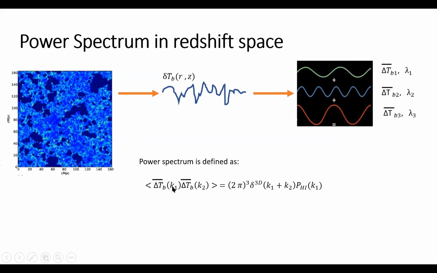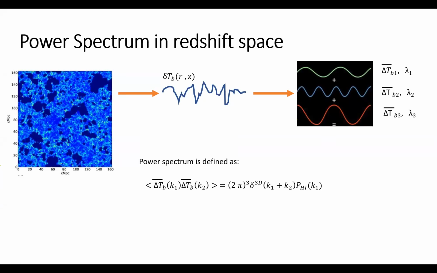So basically, if your two modes are different, then your power spectrum will be 0. And so K1, K2 has to be the same. And then you have some non-zero power spectrum. So basically, the power spectrum P(k) tells you the amount of fluctuations you have in a particular Fourier mode, right?